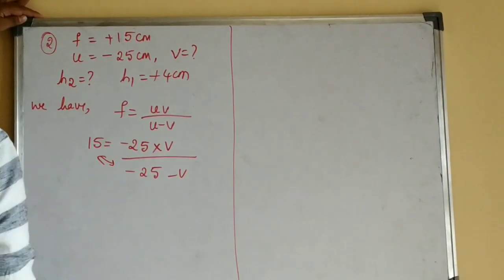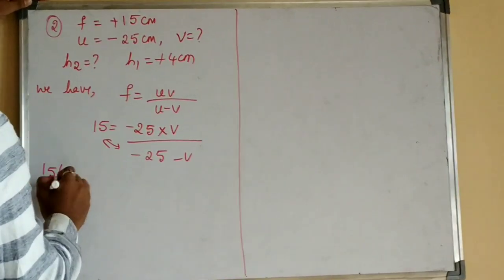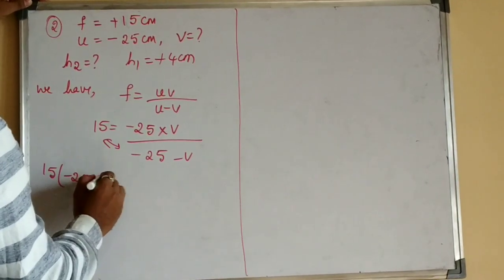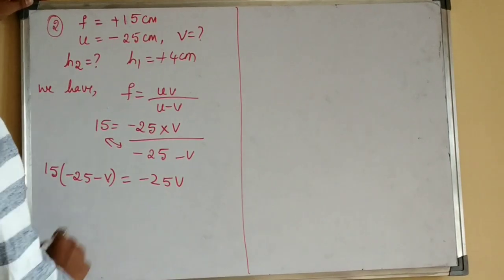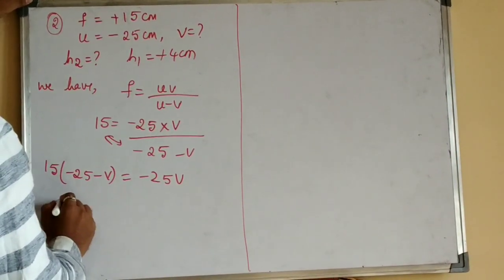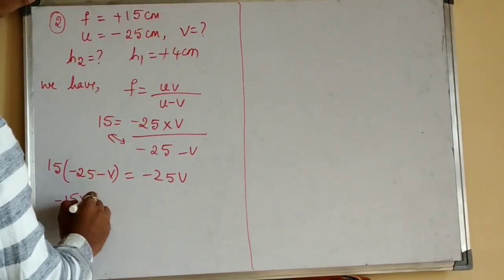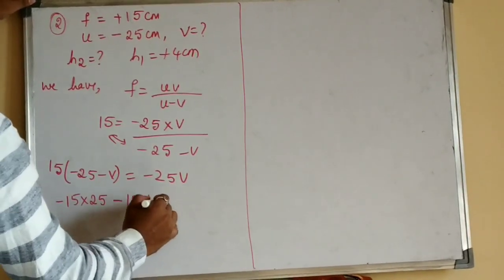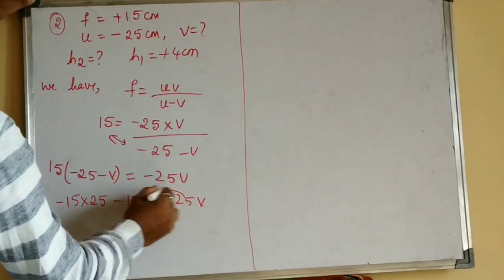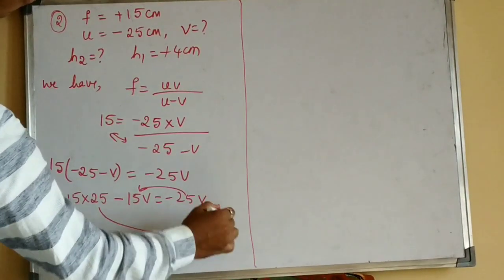Now cross multiply it: 15 into minus 25 minus V is equal to minus 25V. Plus into minus is minus, 15 into 25, then you get minus 15V is equal to minus 25V. Bring this to the left-hand side, take that to the right.